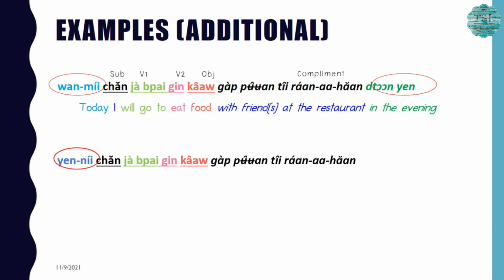So this literally means this evening I will go to eat food or rice with friends at the restaurant. So the point of this slide is both of them are correct. It doesn't matter how many adverbs you add in the sentence, but you have to add them in the right position, which normally are at the beginning of the sentence or at the end of the sentence.